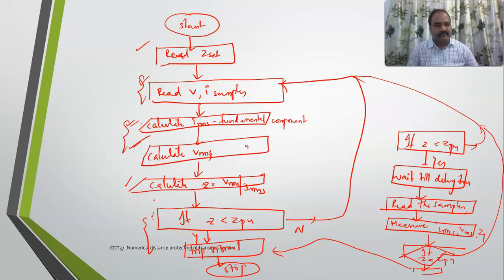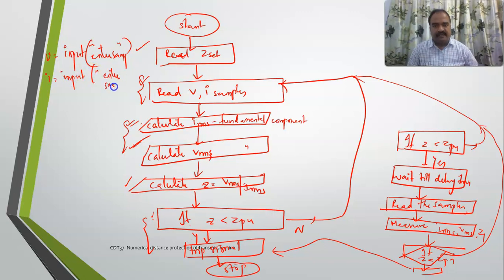Right. So if you write it in Python code, the first thing is V input, enter samples, I input, enter samples.